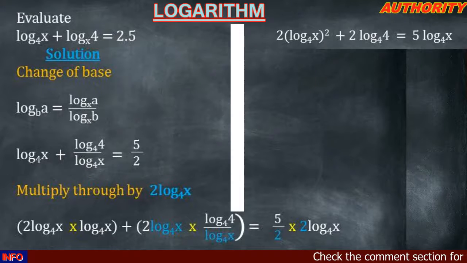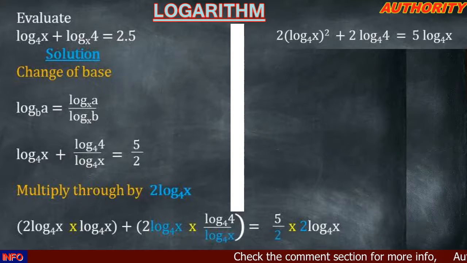Plus we have 2 log x base 4 times log 4 base 4 all over log x base 4. Then this log x base 4 will cancel the log x base 4 in the denominator. We'll be left with 2 log 4 base 4 equal to, in the right hand side, 2 will cancel out, right? We'll be left with 5 log x base 4.